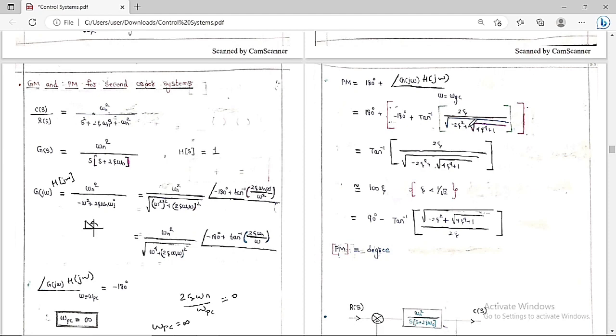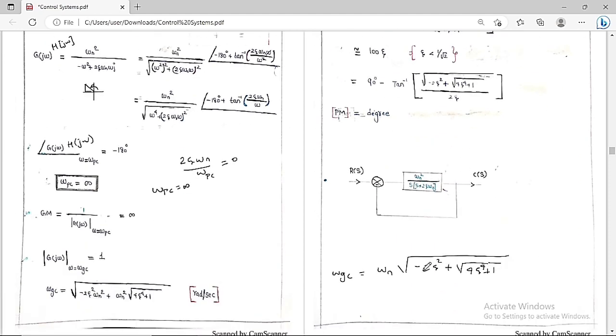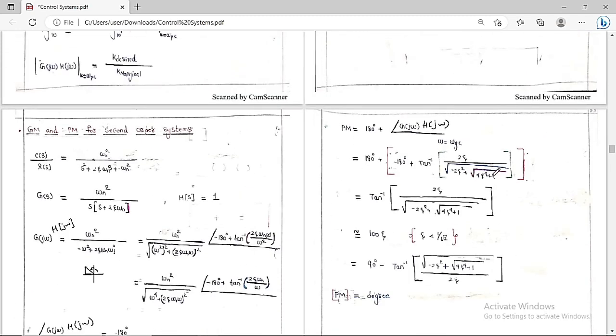Finally, you are going to get 2 zeta by under root of minus 2 zeta square plus under root of 4 zeta to the power of 4 plus 1. The plus 180 and minus 180 cancel. And finally, we are going to get tan inverse of 2 zeta by under root of minus 2 zeta square plus under root of 4 zeta to the power of 4 plus 1. So this is what we get as the phase margin.